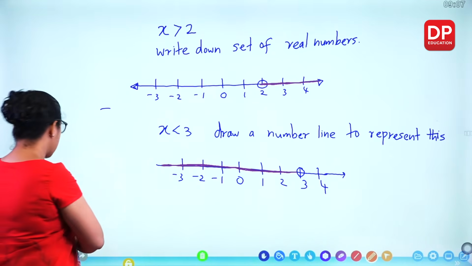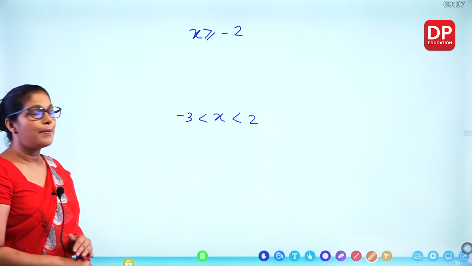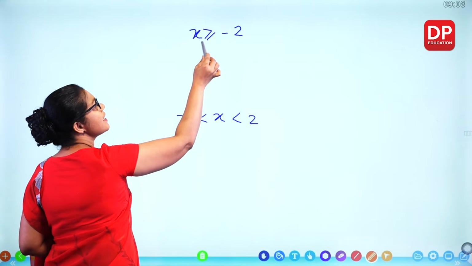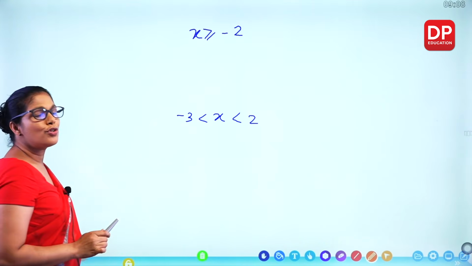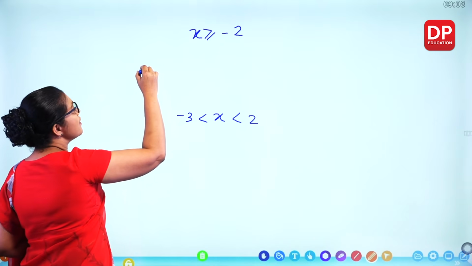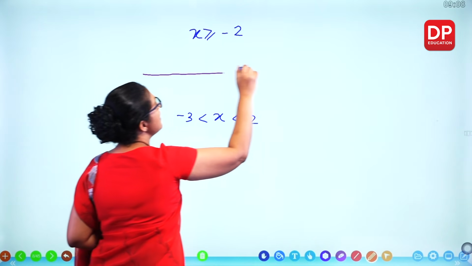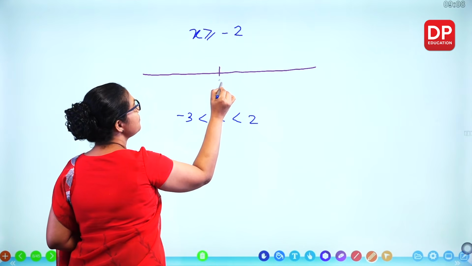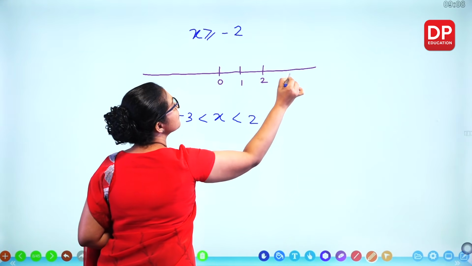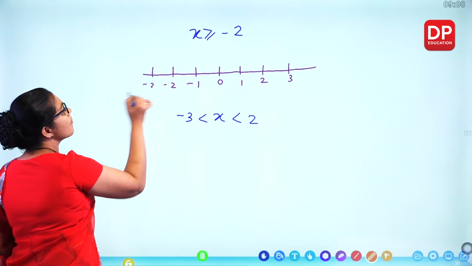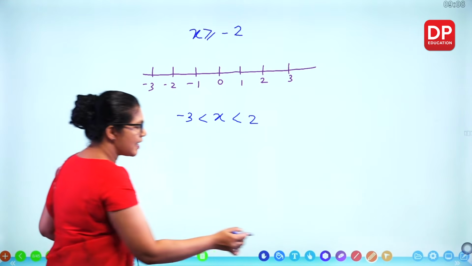So we'll take another example. x is greater than or equal to minus 2. How can we draw it on a number line? So we'll draw the line and mark the numbers now. And then what's the first thing we can do?